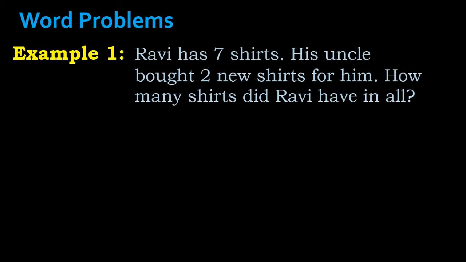So, Ravi is a boy. He is having 7 shirts with him, and his uncle bought him 2 new shirts. So now we have to find how many shirts Ravi has in total.